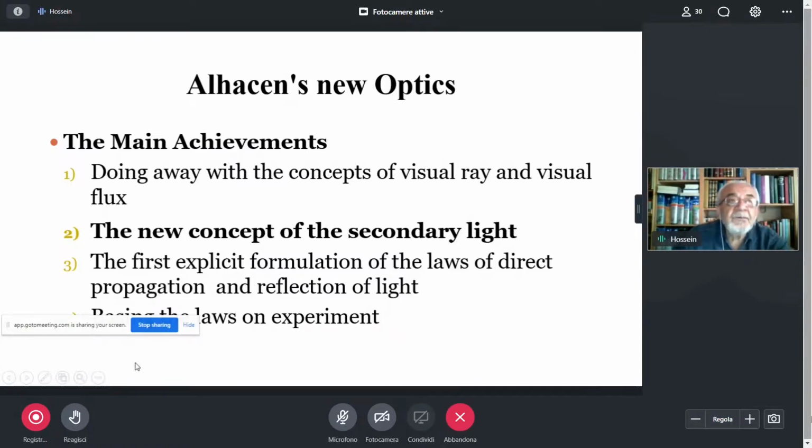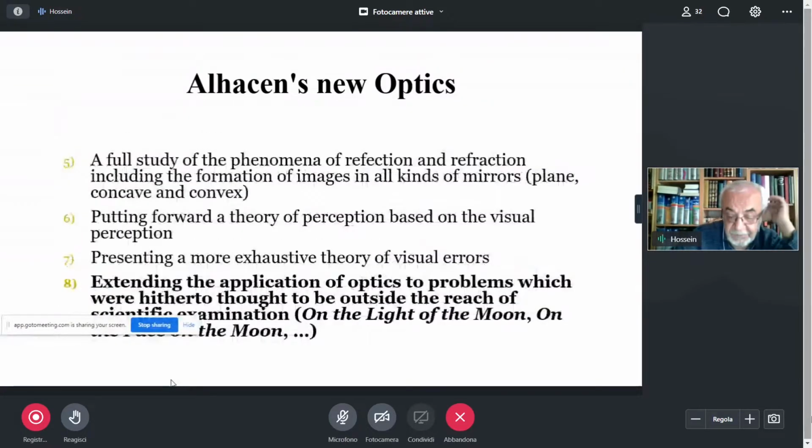And you can imagine that a secondary light can fall upon a third body, and the third body becomes itself a source of light, so that there is an infinite increase in the sources of light in the world.